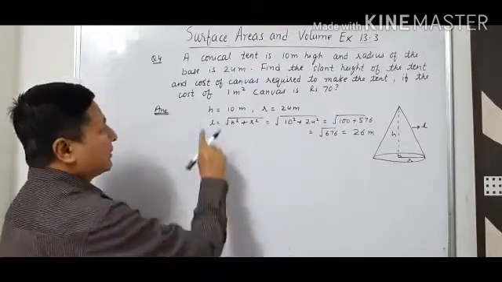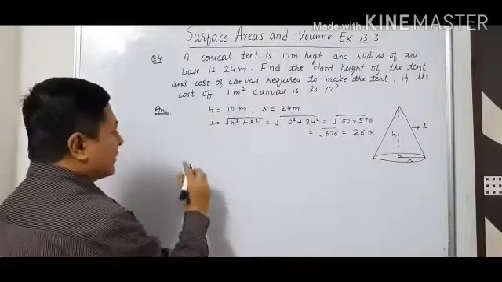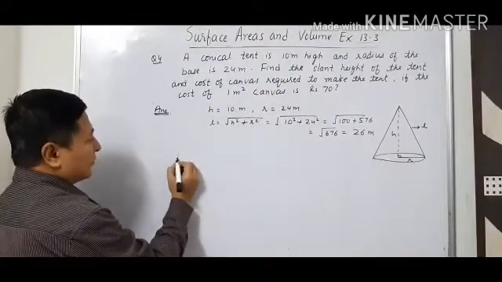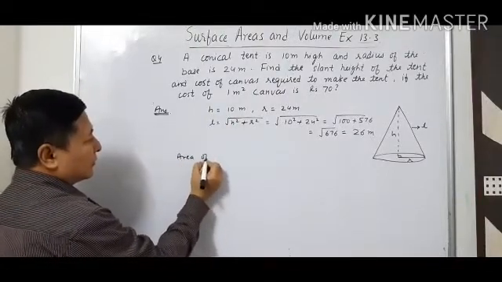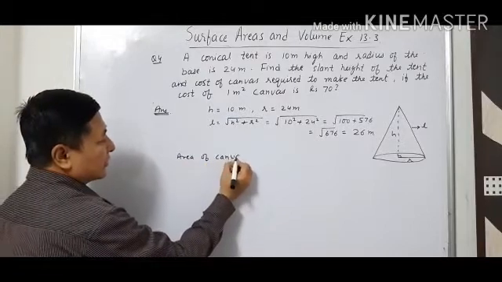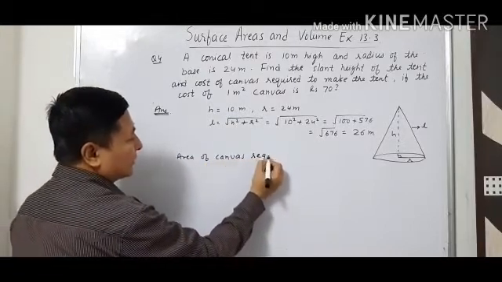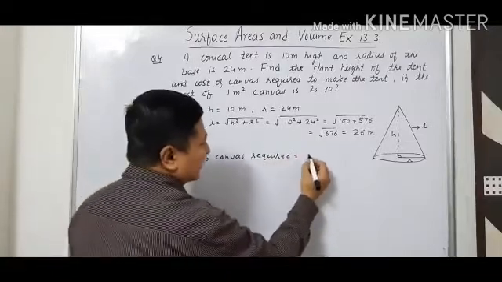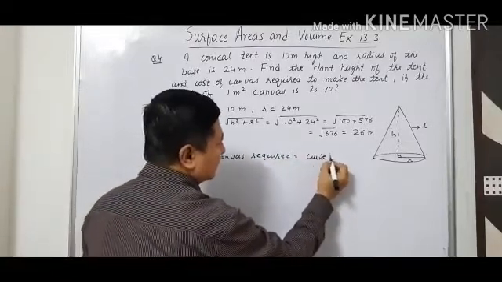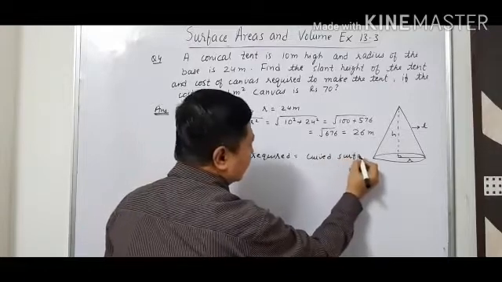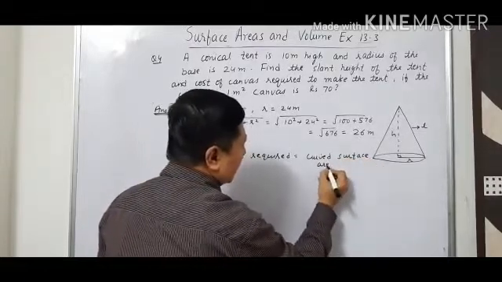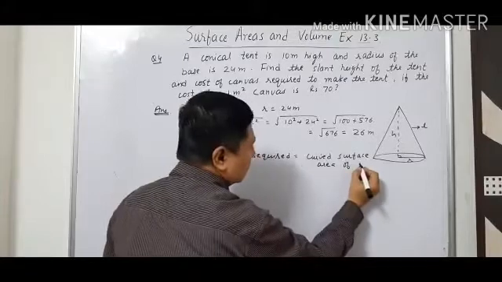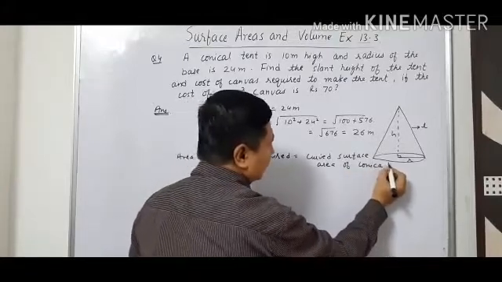Now we have to find the area of canvas required to make the tent. That will be equal to CSA, the curved surface area of conical tent.